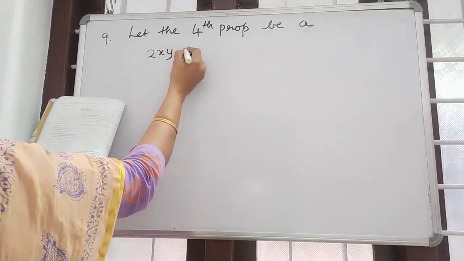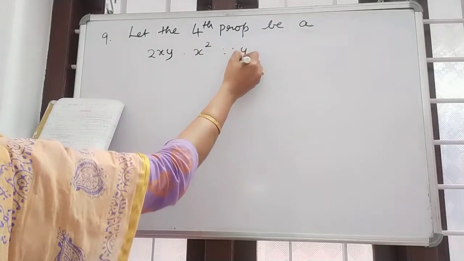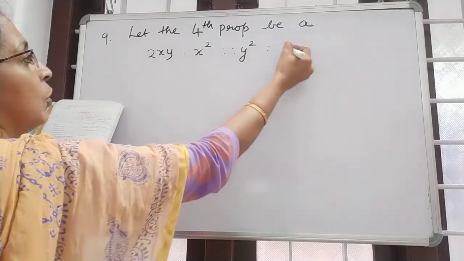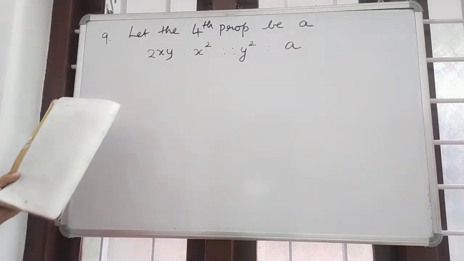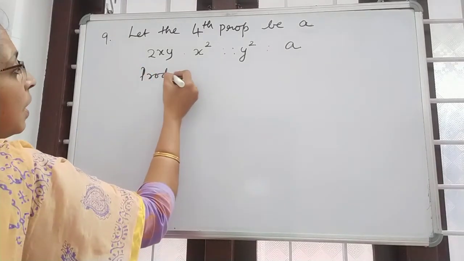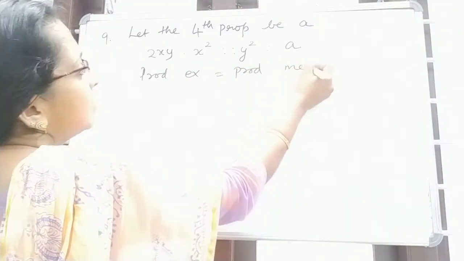So the given 2xy is to x square, proportion to y square is to A. This is the first one, second, third and fourth proportion, we assume it as A. Given they are in proportion, so product of extremes is equal to product of means.